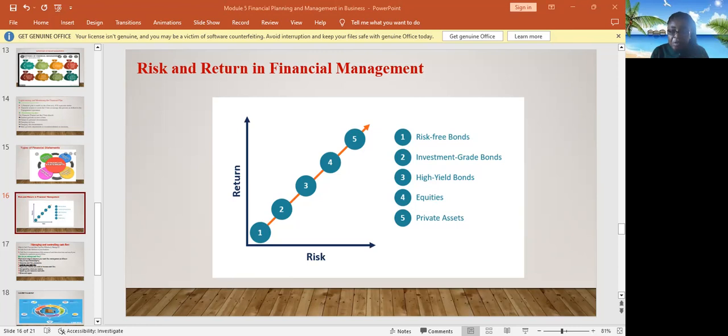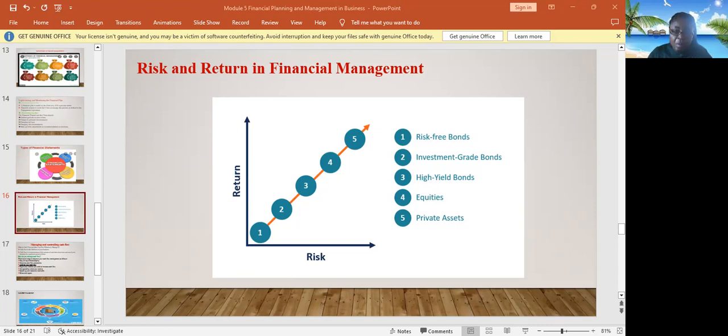Let's take, for example, if you diversify a portfolio of investment assets, then a comparable return can be generated with less risk than an undiversified investment portfolio. That's why it's always good. One way of mitigating risks is diversification. There is a limit to the effectiveness of diversification as well.